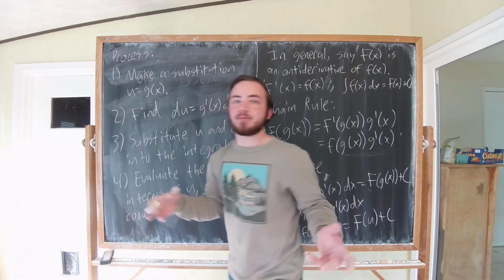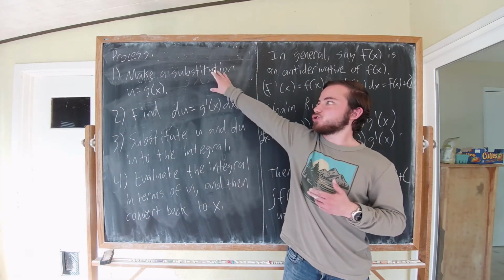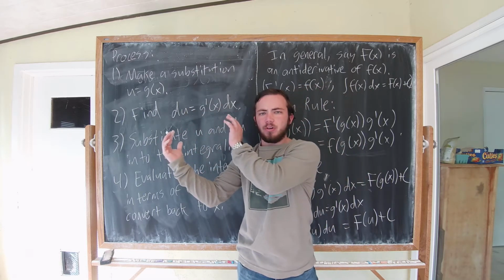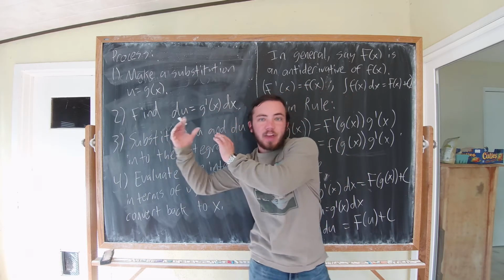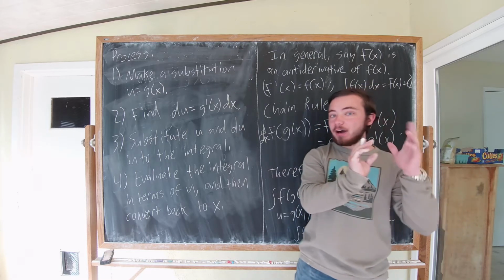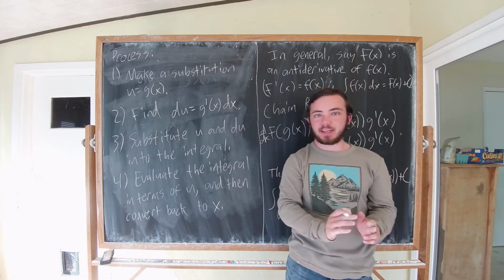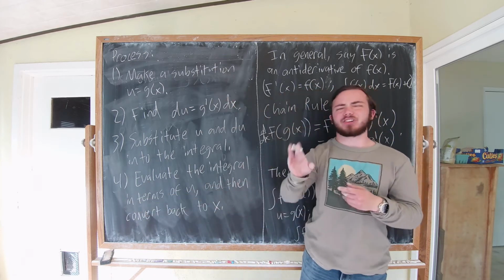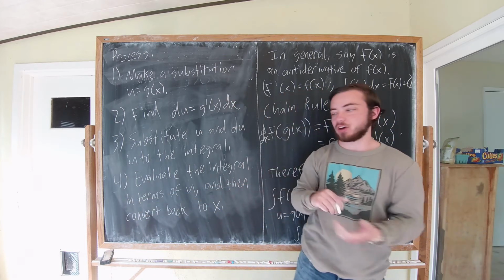So to summarize this process, all we're doing is saying, hey, choose a useful substitution so you can take your integral that is in x world and move it over into u world, where things are a bit simpler. And now once we're over here, we can actually compute the integral and then shift back over to x world to get things all in the terms that we wanted to start with.